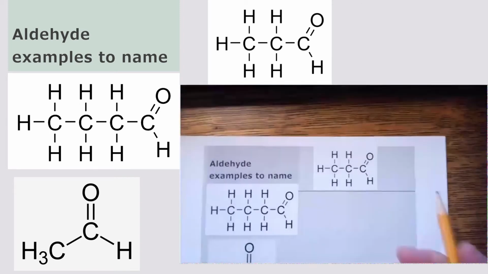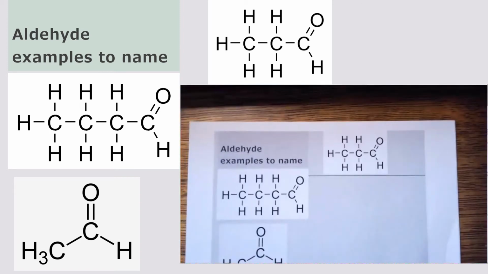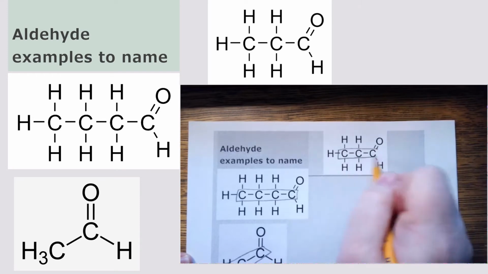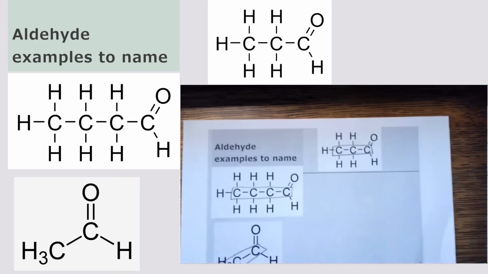So let's look for our carbon-carbon chain, okay? Here, 4 C's in a row, 2 C's in a row, 3 C's in a row. Now, what is the functional group? Okay, well, I have a double bond O and it's at the end.